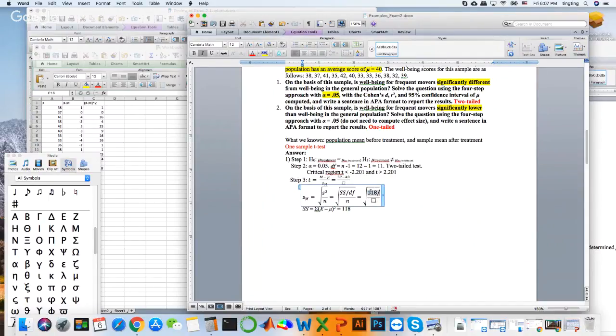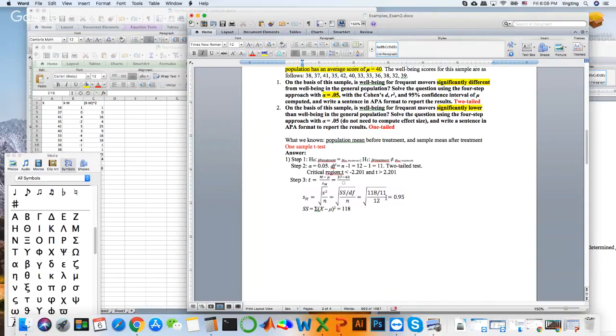Divided by degrees of freedom. Here we know which is 11. And N is equal to 12. Use your calculator to solve this formula, which equals 0.095.